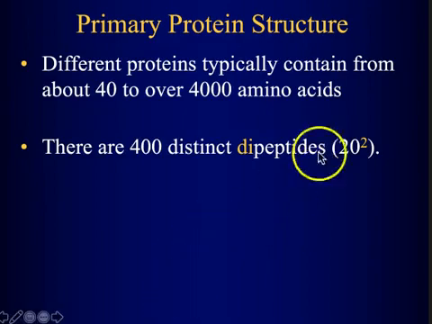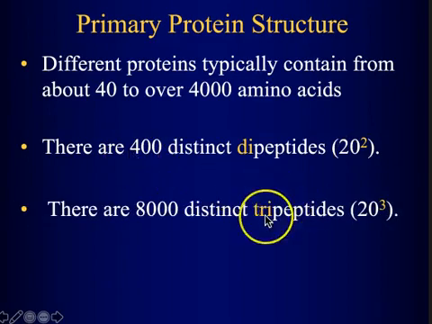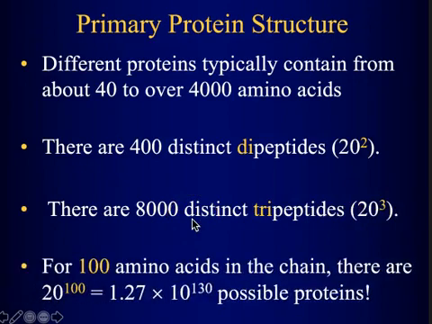So there are 400 distinct of them, and that means 20 raised to the second. 20 is how many amino acids we had, and as a dipeptide, 20 squared, so 400 distinct dipeptides. And if we want to do a tripeptide, 3 amino acids in a row, 20 cubed is 8,000. For a 100 amino acid chain, 20 to the 100 is 1.27 times 10 to the 130th protein possibilities.